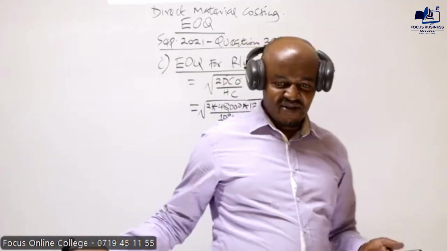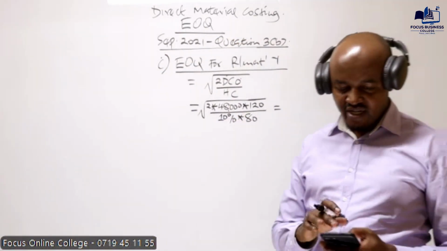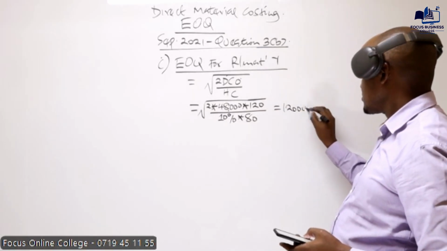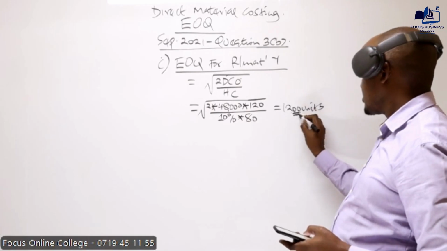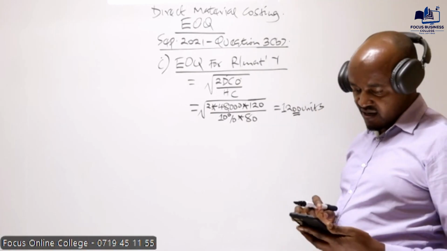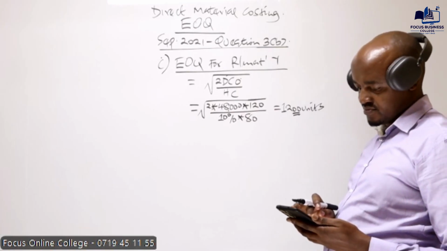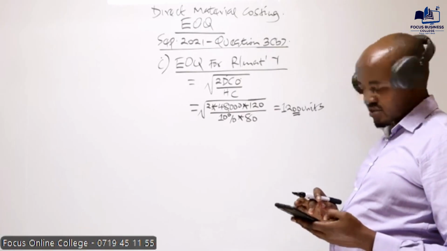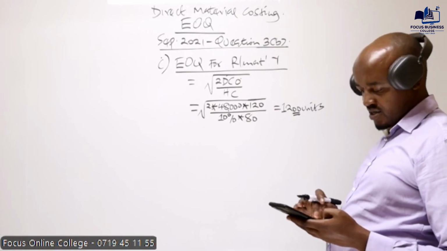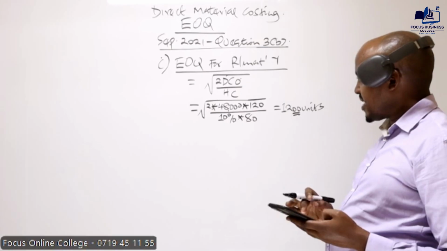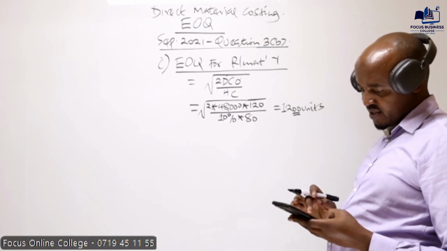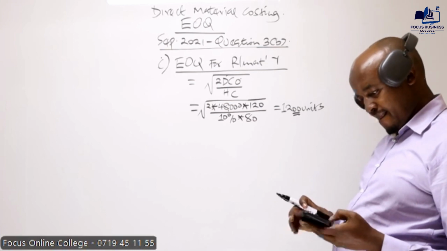Just confirm whether you're going to get those 1,200 units. 2 times 48,000 times 120 divided by 8, square root.